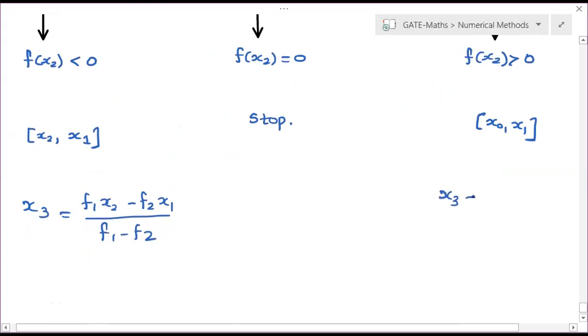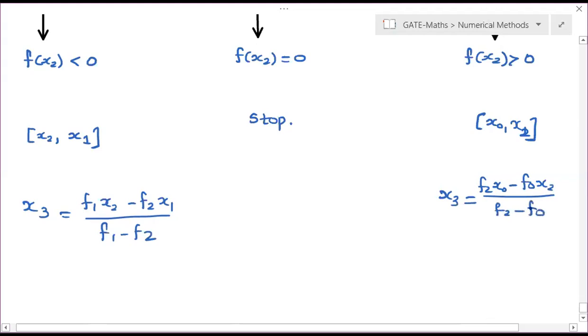So now x3 will be between x0 and x2. So it is f2 x0 minus f0 x2 divided by f2 minus f0.